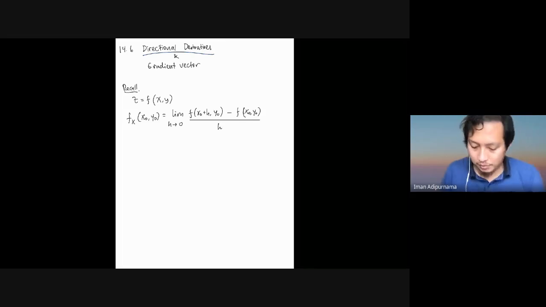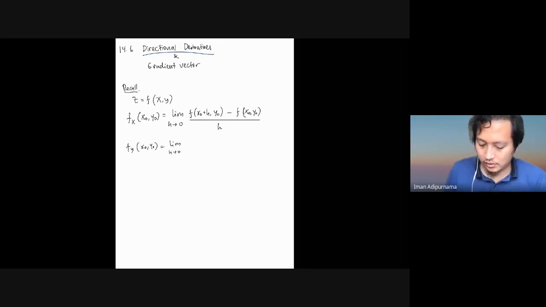And the partial of y, the difference is just the x-axis and the y-axis.